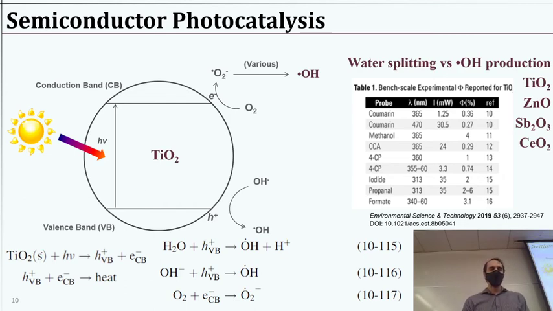So we could take a look at the net reaction, by the way. TiO2 with the light, we get the hole in the valence band and the electron in the conduction band.